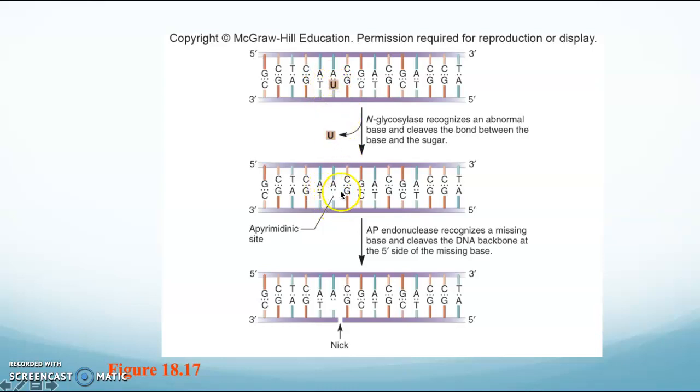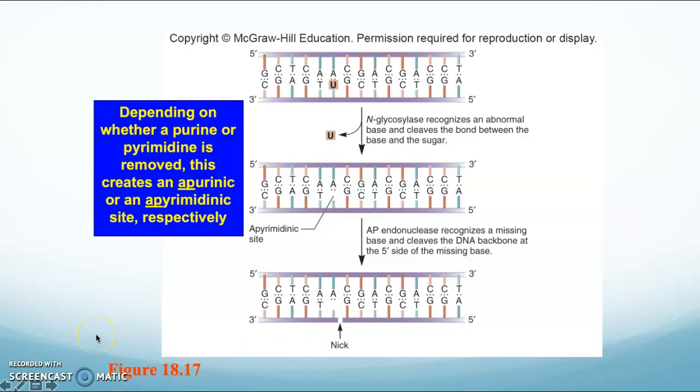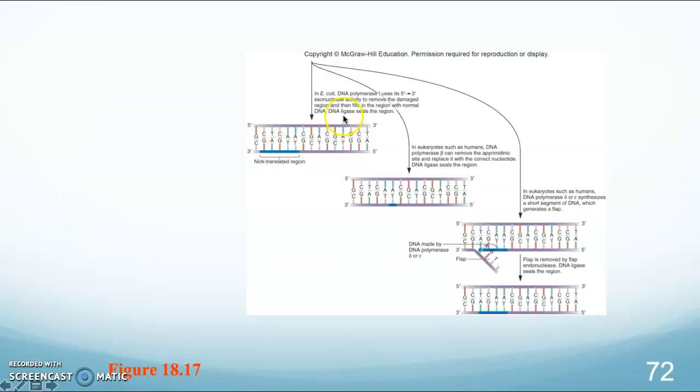Then we have this open spot here, and AP endonuclease will recognize that and cleave the DNA on the 5' side. What's going to happen next is that we are going to be able to replace that.